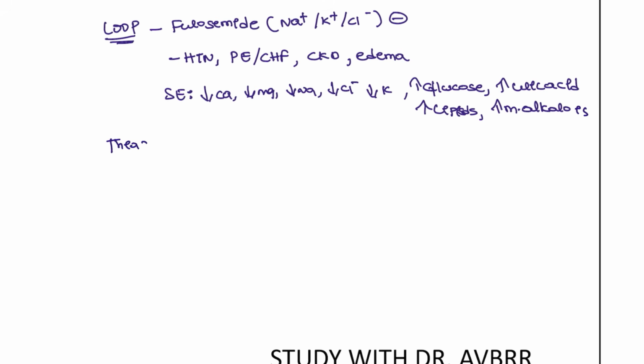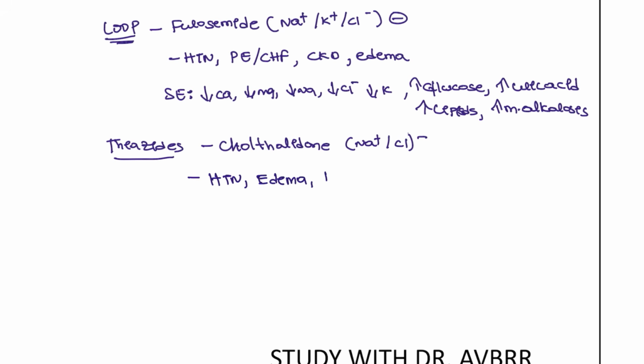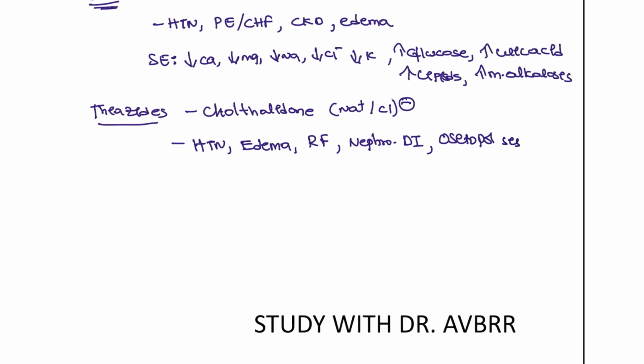Similar to that, thiazides, not opposite, it is quite the same only. One of the drugs is chlorthalidone, and here the mechanism of action is that sodium and chloride are blocked, inhibited in this patient. Where do we give it? Hypertension patients, edema patients, and renal failure patients also we can give, but end stage renal disease is again a contraindication. Patients suffering from nephrogenic diabetes insipidus we can give, and patients with hypertension with osteoporosis also we can give this drug.